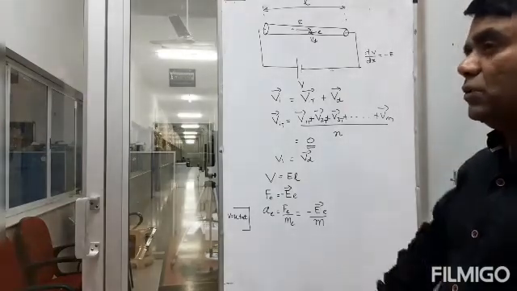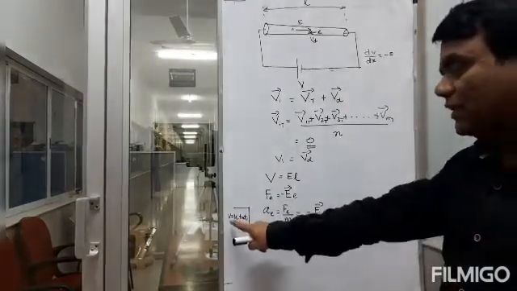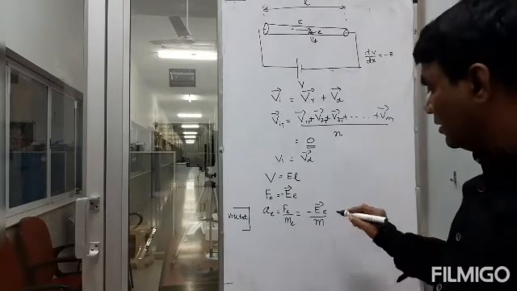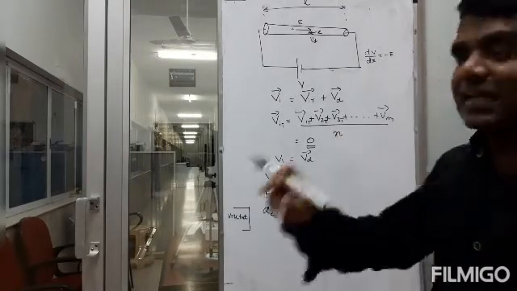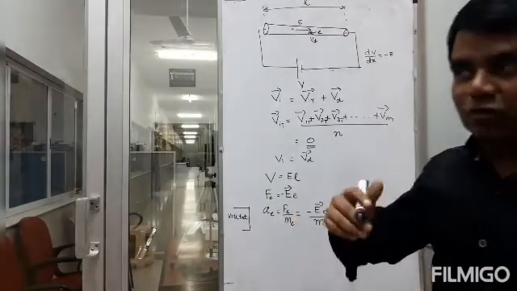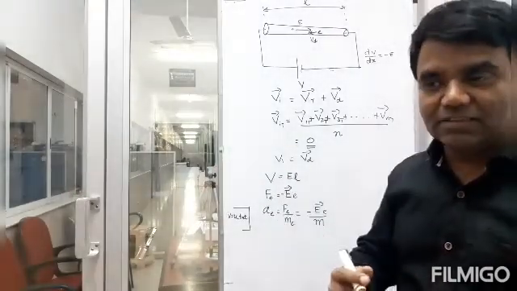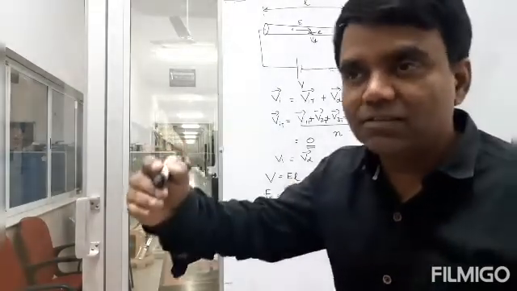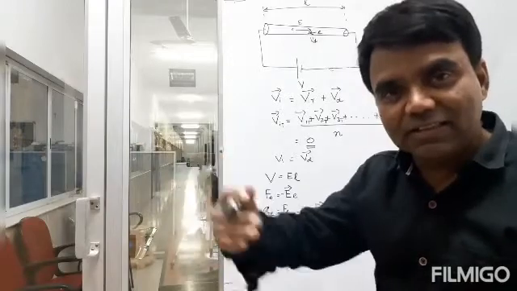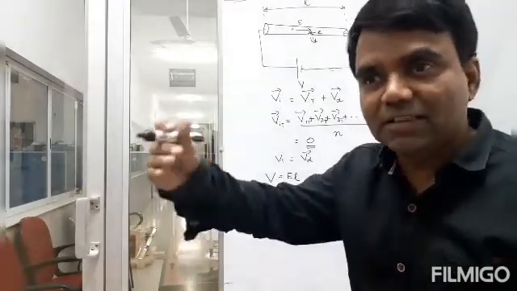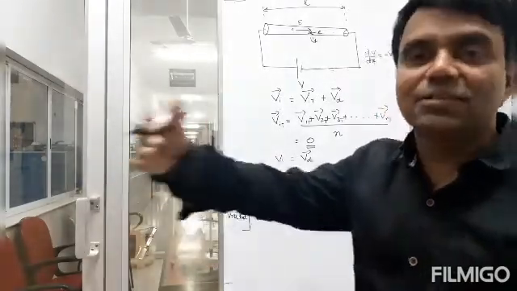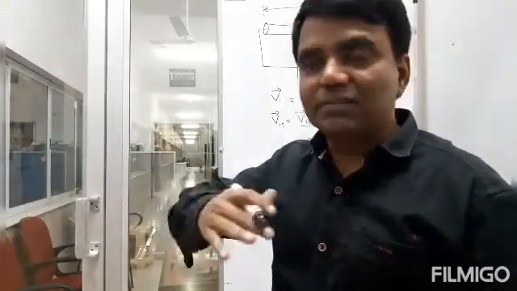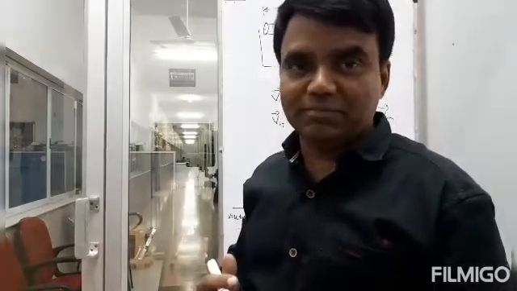So what is the speed it will reach? That depends on the time over which it is accelerated. It starts at 0, then gets accelerated, it collides, and then again accelerates, collides, accelerates, collides. This happens continuously.